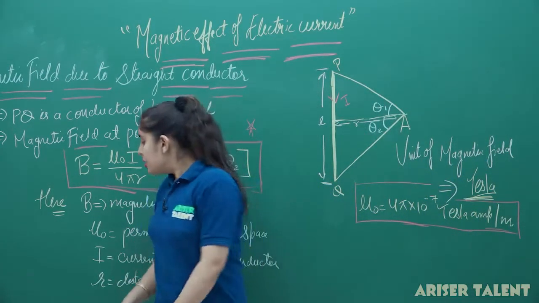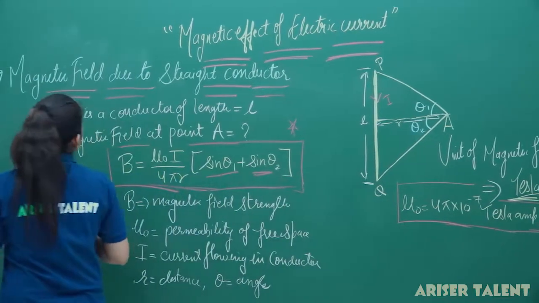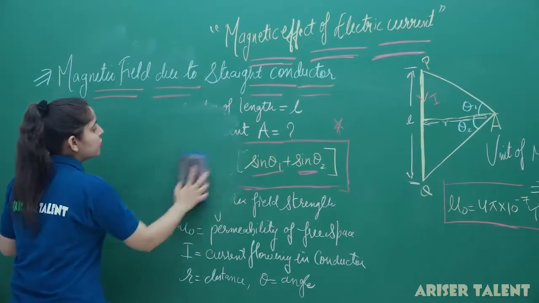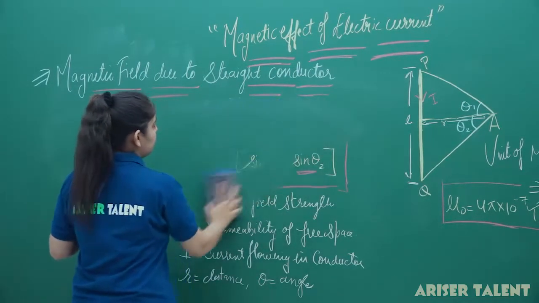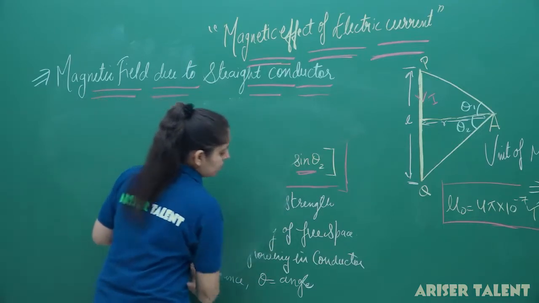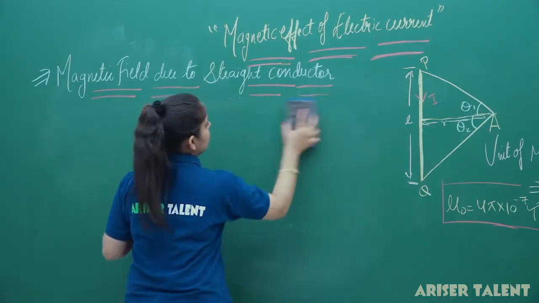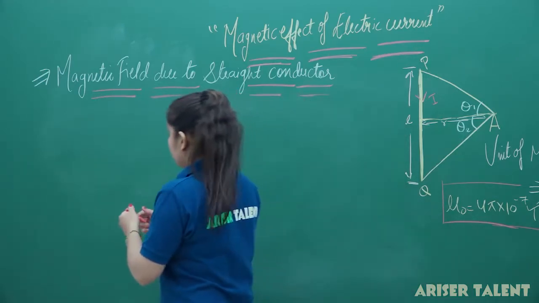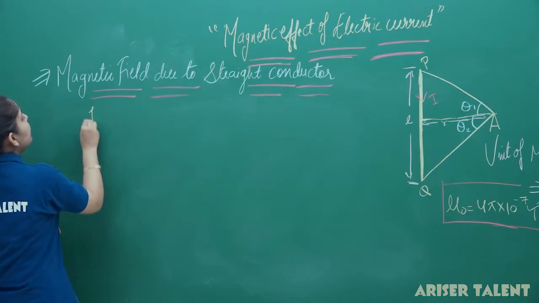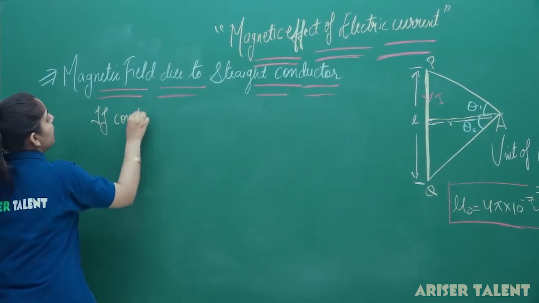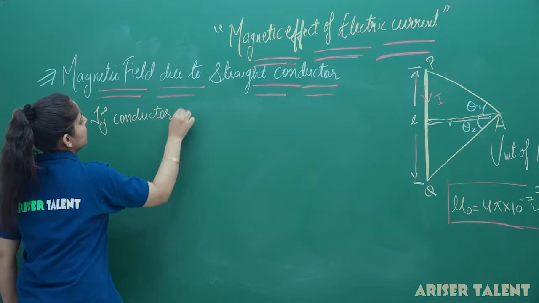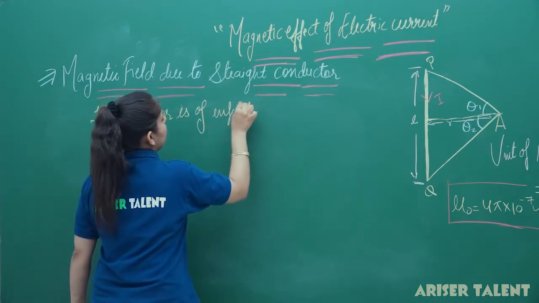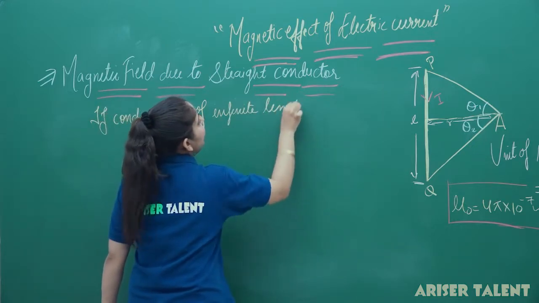So in case of an infinitely long conductor, the magnetic field value changes.